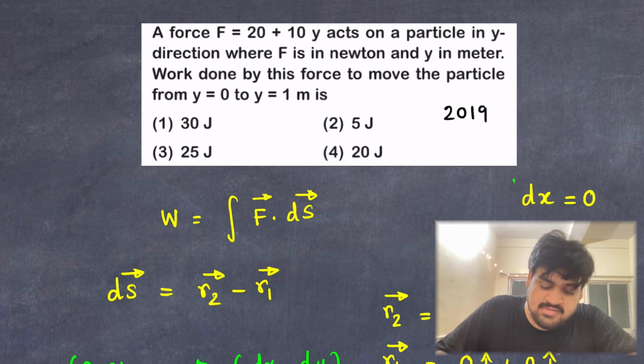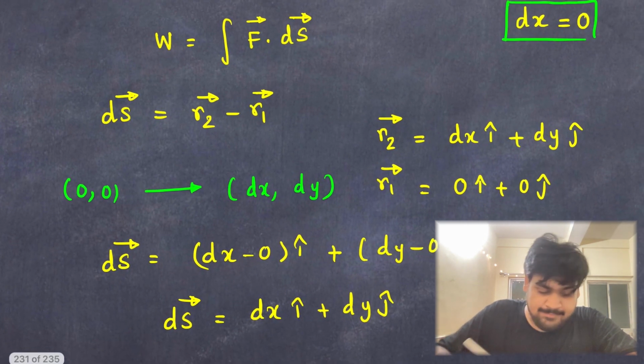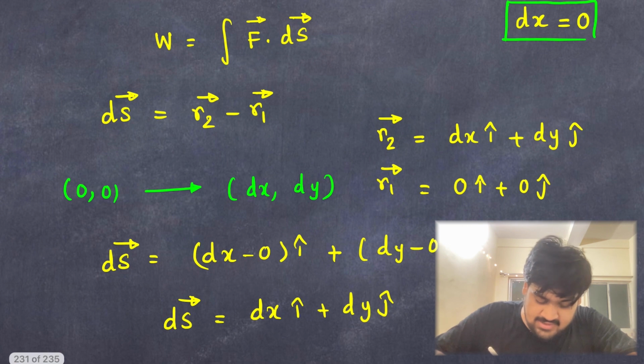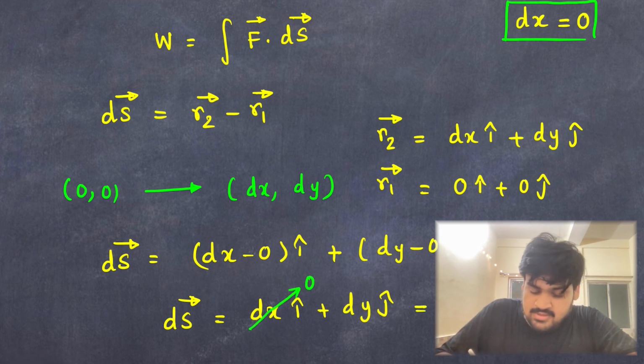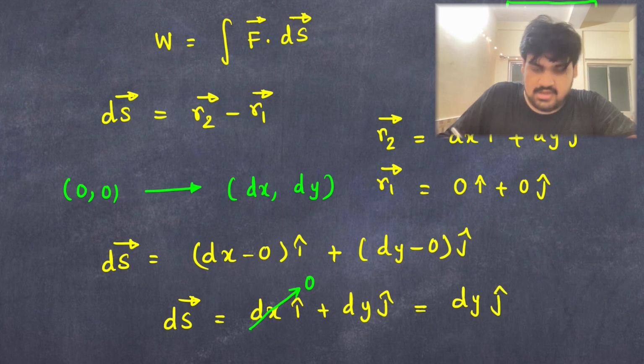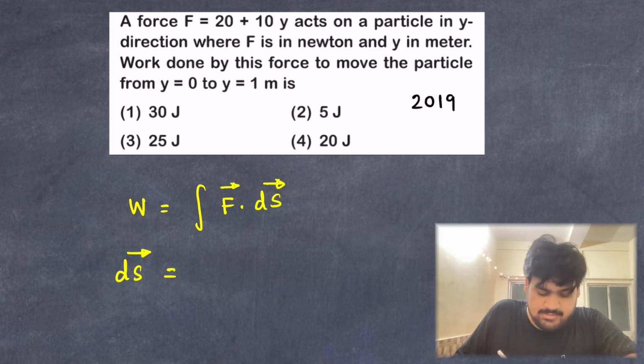That means in the ds vector our dx term will be 0, so our ds vector will come out to be dy j cap. Voila. So our ds vector is nothing but dy j cap.